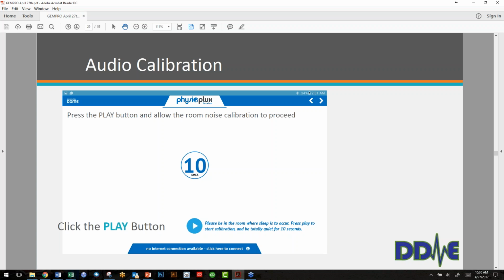Once we have the BioCal value, then we listen to the room noise. We use a noise canceling feature, so we subtract the room noise from the snore signal, and then we're left with the snore. What we're finding is that our snore detection is really sensitive, and we're actually going to have to make it less sensitive because I think in some people it's misinterpreting loud breathing as snoring.